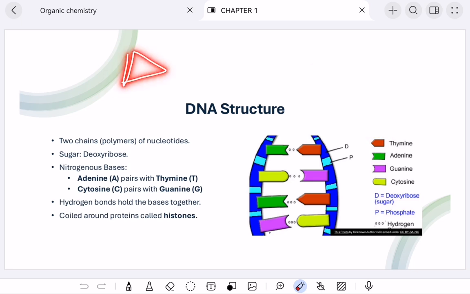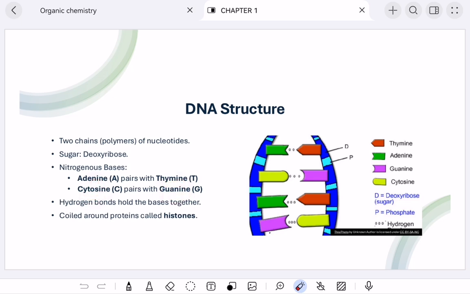So the sugar in DNA is called deoxyribose sugar, right? And for the nitrogenous bases, adenine always pairs with thymine, and cytosine always pairs with guanine.